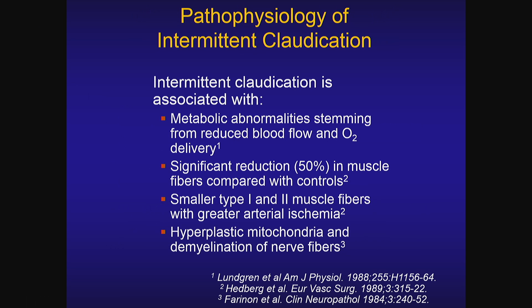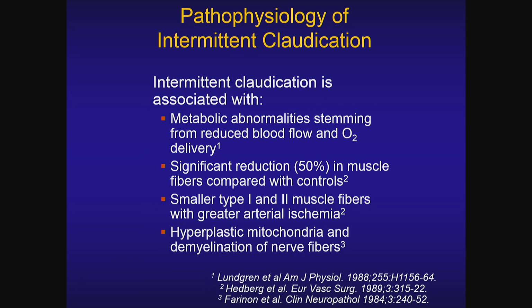The pathophysiology of intermittent claudication is certainly complex, and it involves metabolic abnormalities related to the reduction in blood flow and oxygen delivery because of the stenosis in the arterial supply.